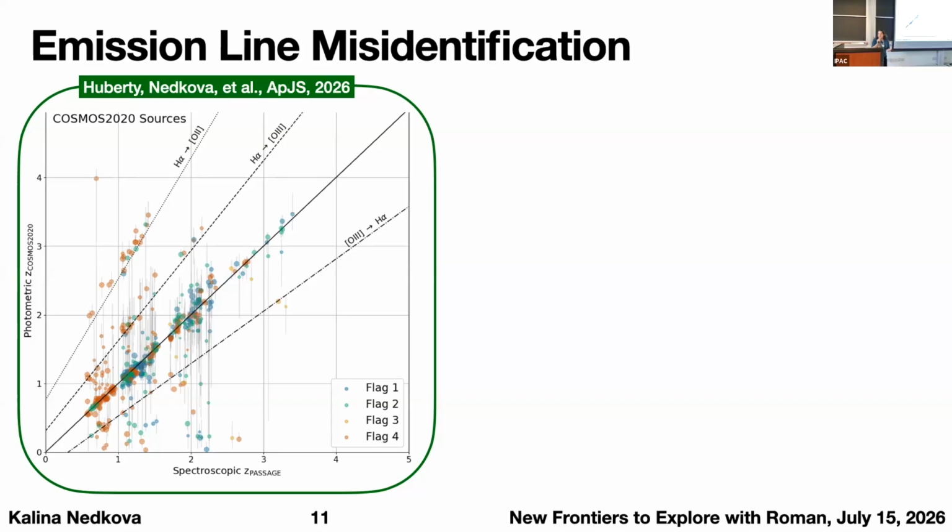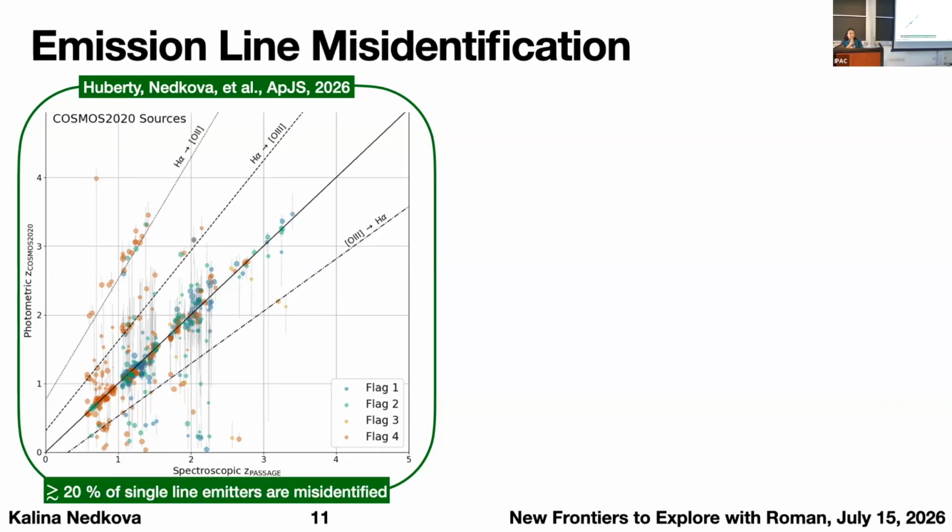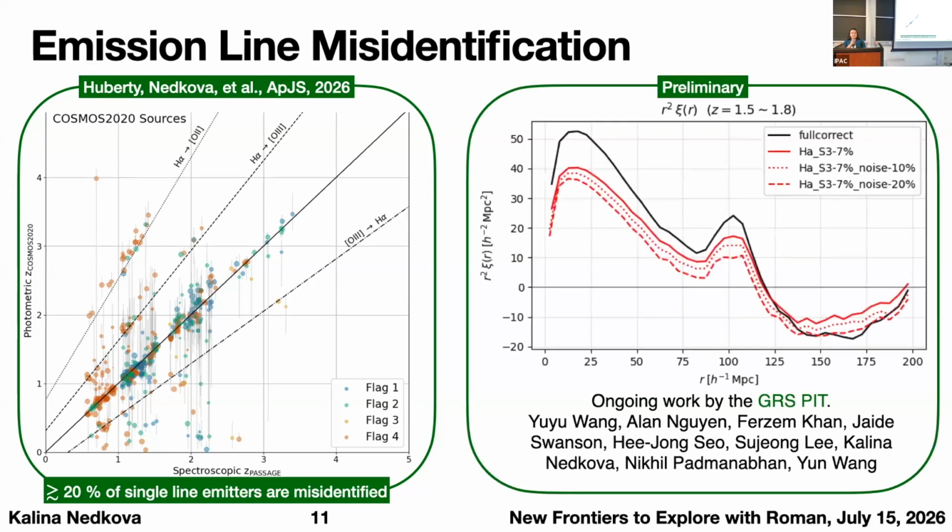And what's really striking here is that you see that most galaxies lie on the one-to-one line, which means that we're correctly identifying the emission line. But you also see that you have these off-diagonal lines where the emission line has been misidentified. Up to 20% of single-line emitters are misidentified.